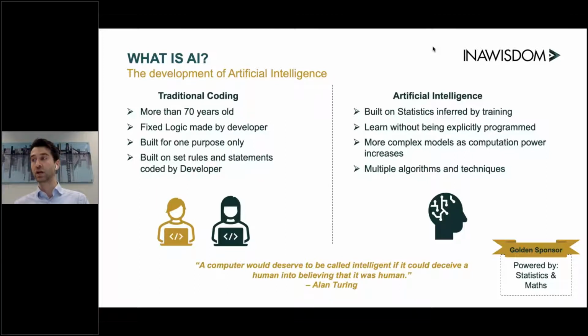So in this situation, the AI might come up with its own rules, like if the animal has a poofy tail, or if it has a certain kind of fur, or perhaps a combination of how their eyes look and what the shape of their ears are, or if they have whiskers, and so on. So it can go really above and beyond what we can do as humans, and it can go faster than us. And of course, this is not based on magic. We are not magicians. This is all powered by statistics and mathematics.